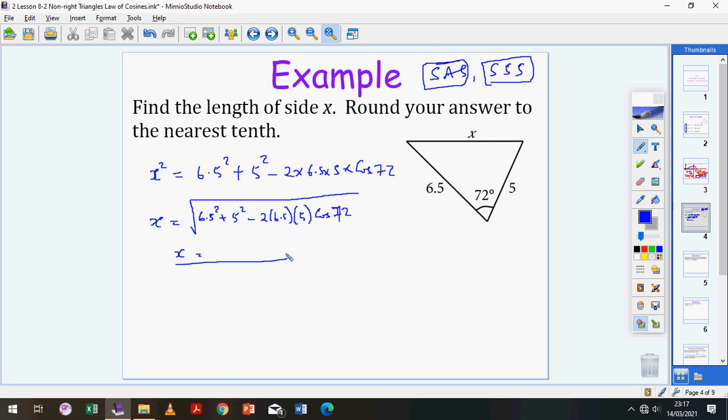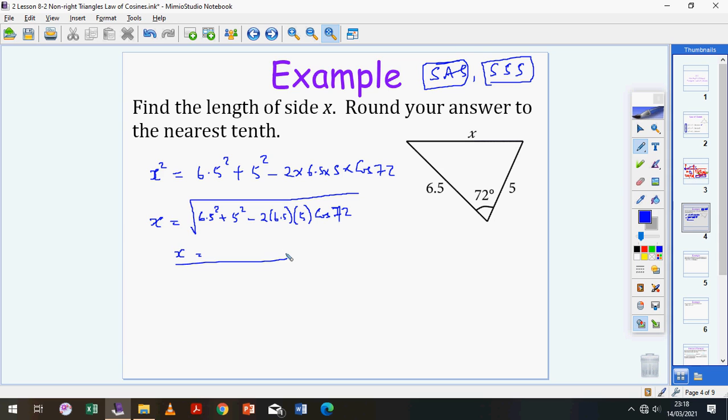So if I use the parentheses correctly, so if I do square root, open parentheses, 6.5 squared plus 5 squared minus 2 times 6.5 times 5 times cosine of 72, and then close parentheses at the end, don't forget to do that.